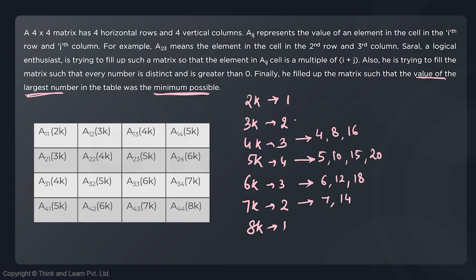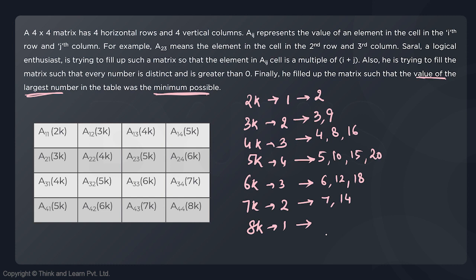Then if I look at the multiples of 3, what are the multiples of 3 that I can have over here? There are only 2 multiples. I can take 3. I can't take 6, which is already here, but I can take 9. So 3 and 9 are the 2 multiples of 3 that I can have. I now need just a multiple of 2, which can be taken as 2 itself, and just a multiple of 8.